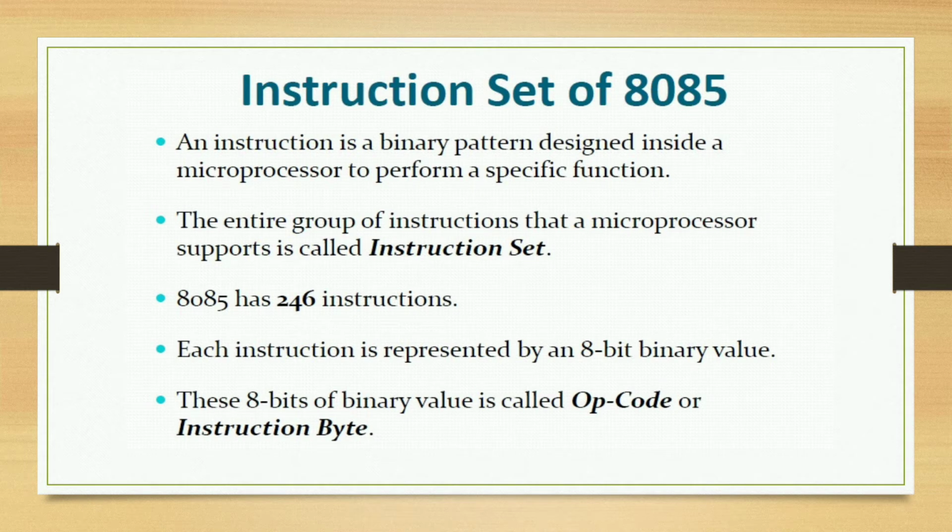Let's start from what is instruction. An instruction is a command to the microprocessor to perform a given task on a specified data. A binary pattern designed inside a microprocessor to perform a task.